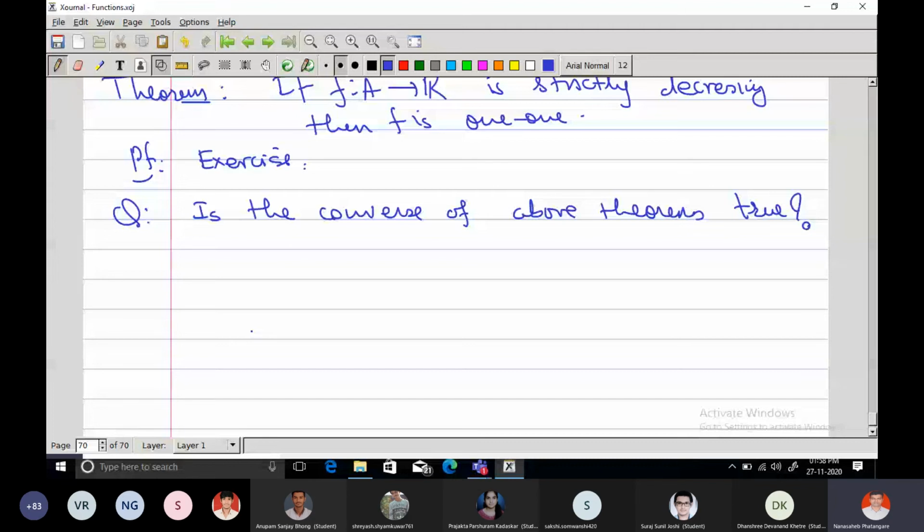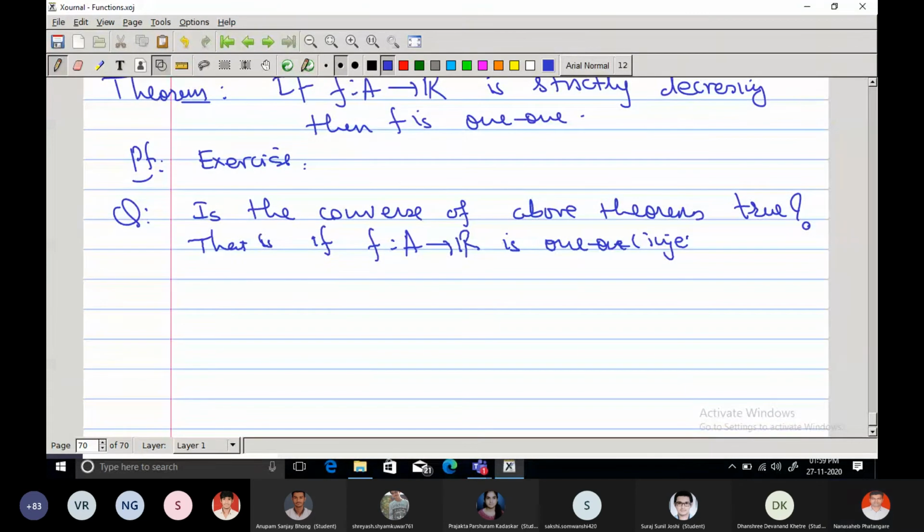That is, if f from A to R is 1-1 or injective, does this imply f is strictly increasing?